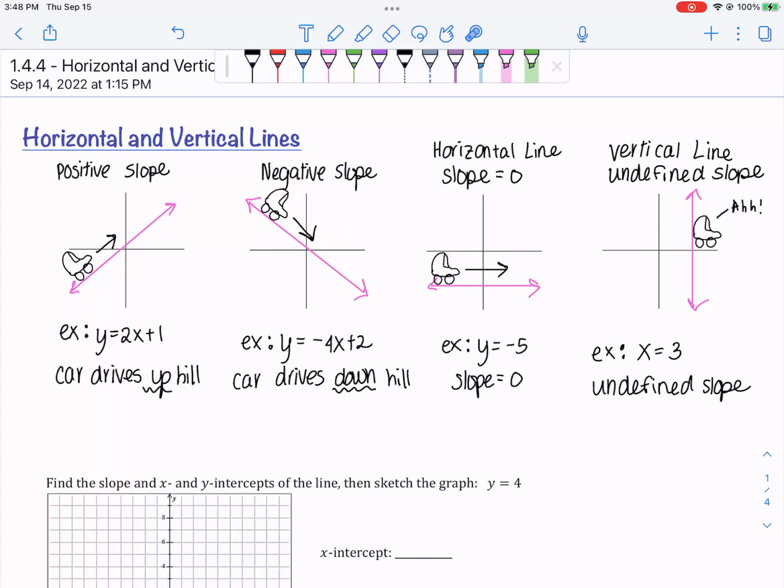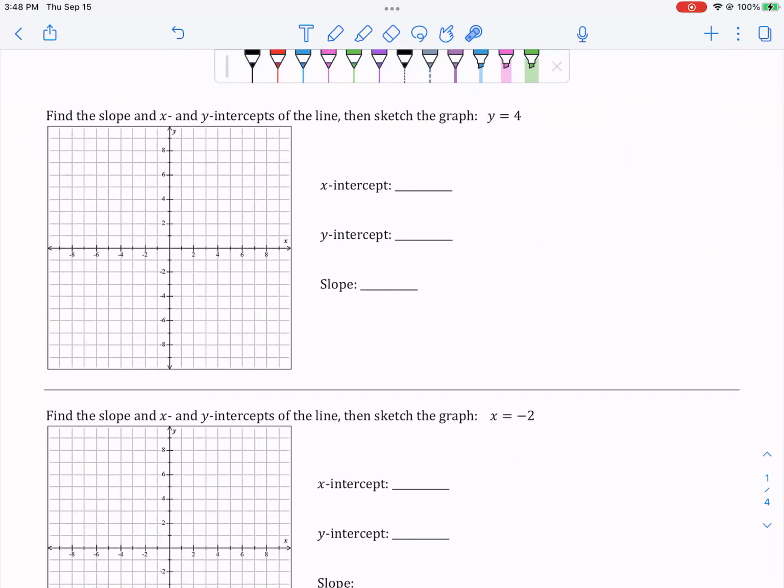So let's do a few examples of finding the slope and the x and y intercepts of these lines and sketching that. So y equals 4. This is going to be the line where everybody has the y value 4.